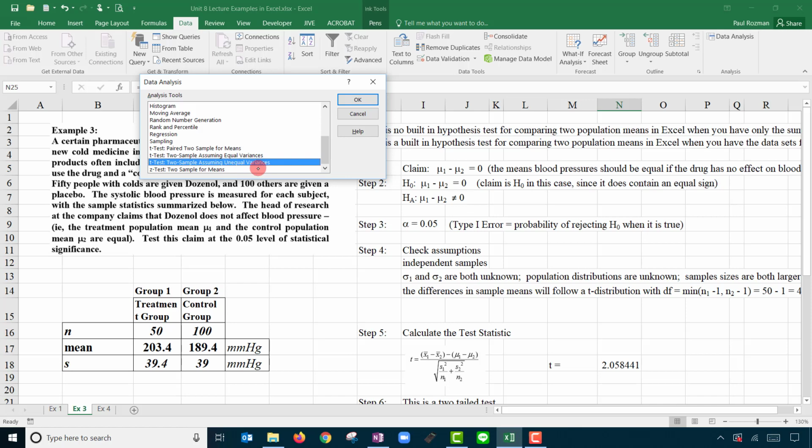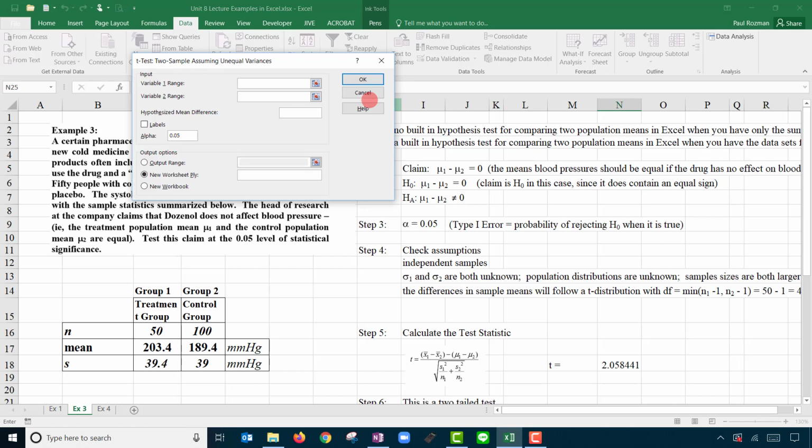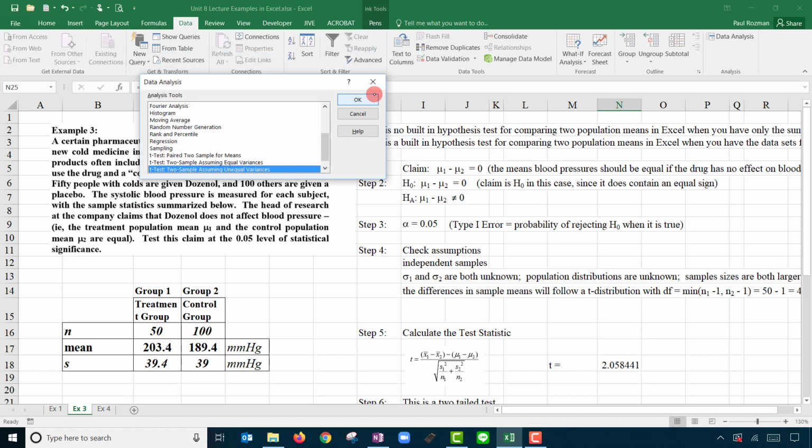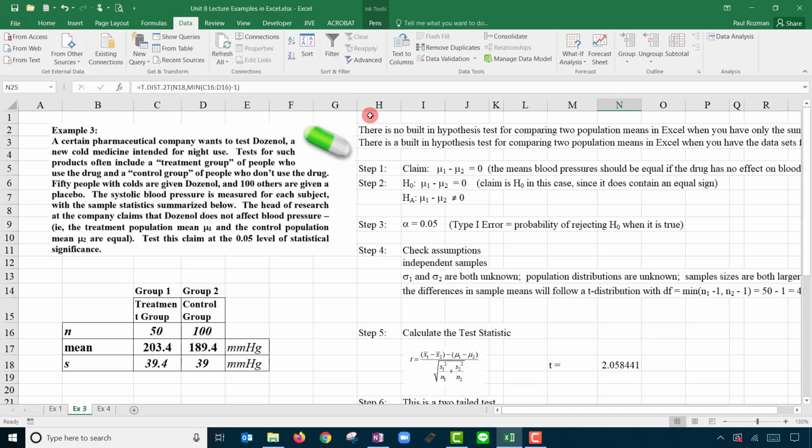And it would just give us the p-value for the test. You just have to input the data for group 1 and the data for group 2, and you tell it what your mean difference is, in this case 0, and it spits out a nice summary. But when you already have the data summarized, Excel can't do it.